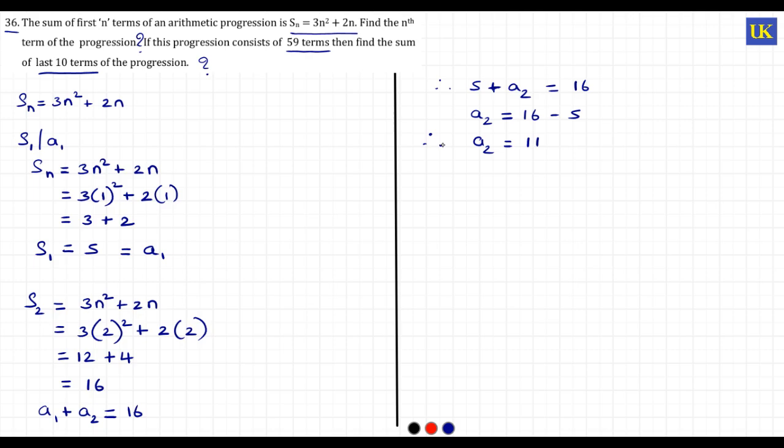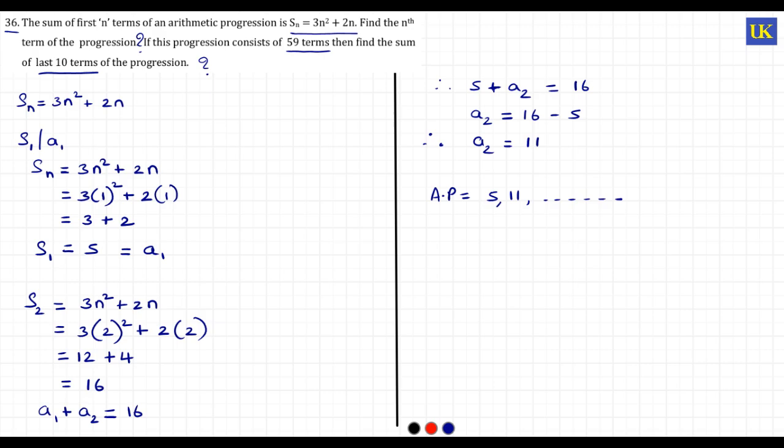So now what essentially we have is A1 as well as A2. We know that the A1 value is 5 and the A2 value is 11. So we know the series now, right? The AP looks like first 5, 11, and then it will go on.